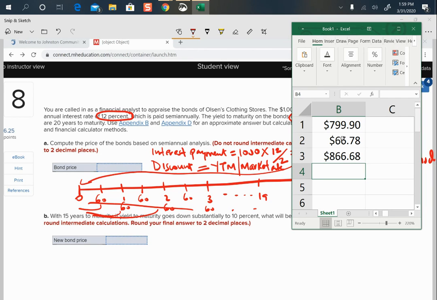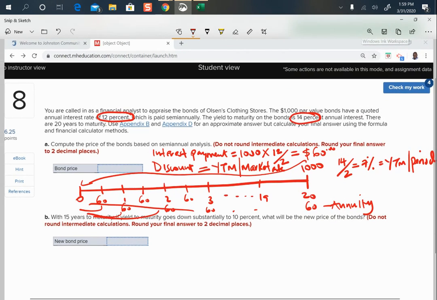In the second problem, or part B, I think there are some modifications. In part B, what we are given is that you have 15 years to maturity. So it's the same bond that was for 20 years, but now you have 15 years to maturity, and something has changed, and that is the market rate, or the yield to maturity, has changed.